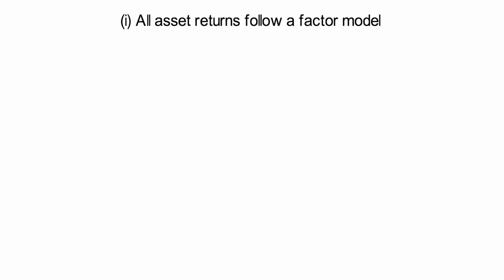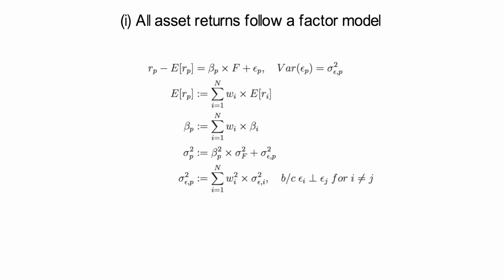So let's look at that based on some equations. Equation 1 says that the return of the portfolio minus the expected return is the beta of the portfolio times F plus epsilon P. And the variance of epsilon P is sigma square epsilon P.